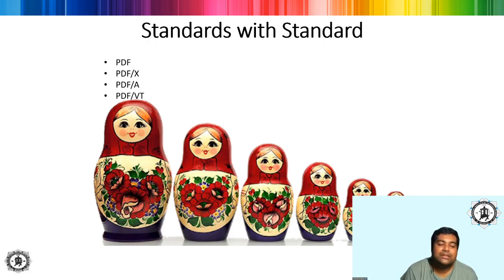I think PDF 2.0 was supposed to come in 2020, so there are various different versions of the PDF standard. Now the reason I am showing you this picture is that all these different formats, be it PDF/X, PDF/A, PDF/VT, are a subset of the original PDF standard.